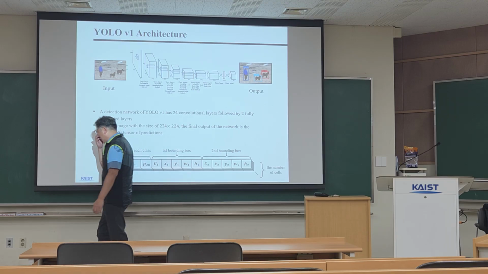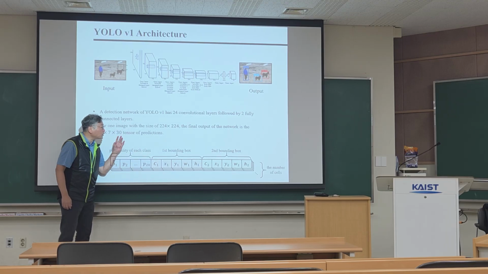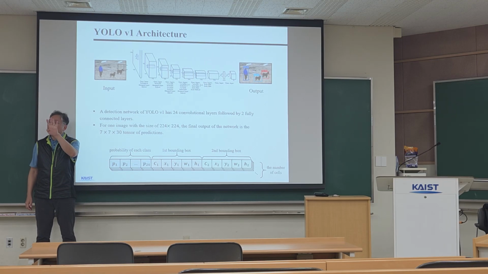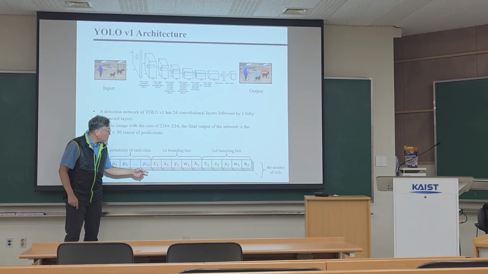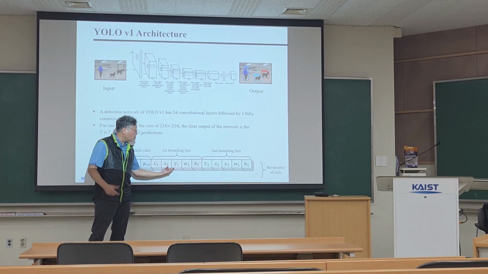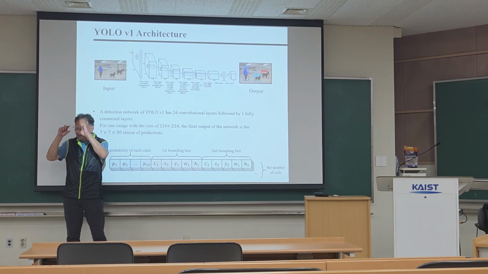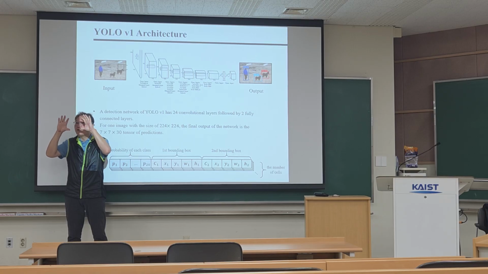Assuming that there are 20 classes, first of all, it says whether there is presence of an object, yes or no. Second, it's the bounding box: the center point or midpoint of the object, that's x and y of the bounding box in the grid.